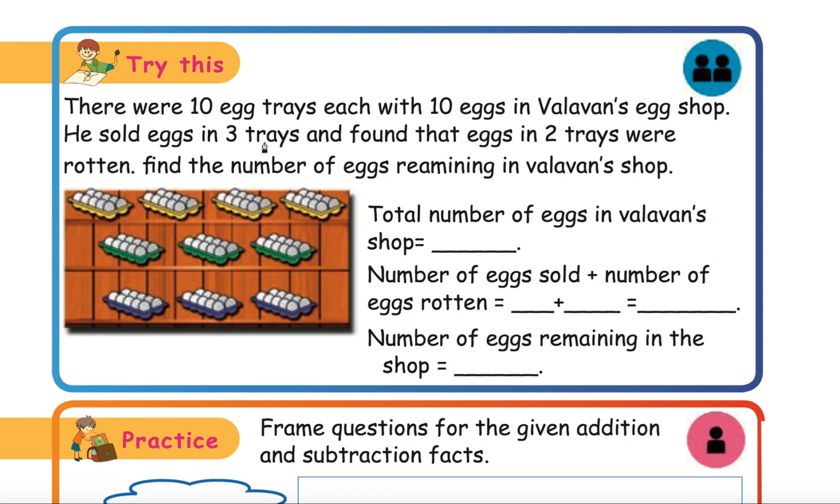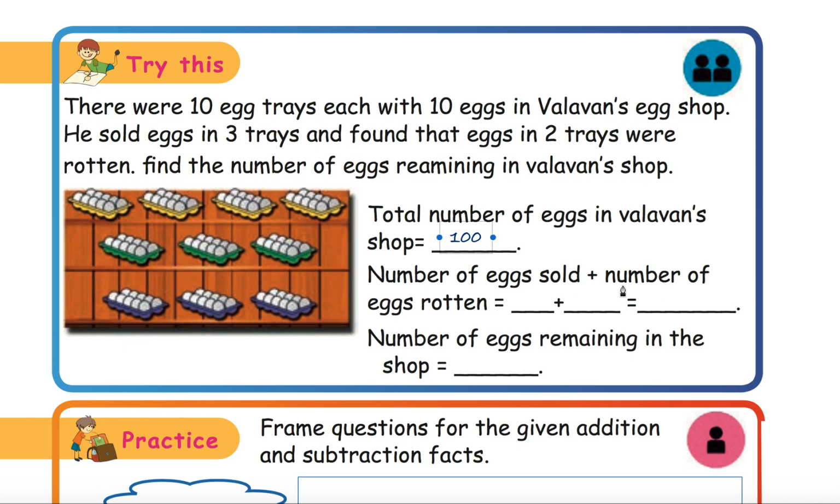He sold eggs in 3 trays and found that eggs in 2 trays were rotten. Find the number of eggs remaining in Valvan's shop. Total number of eggs in Valvan's shop, 100. That is 100, isn't it? 10 into 10, right? 10 trays, 10 eggs each.